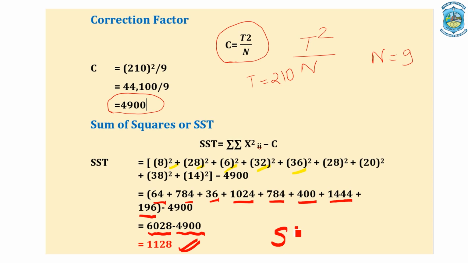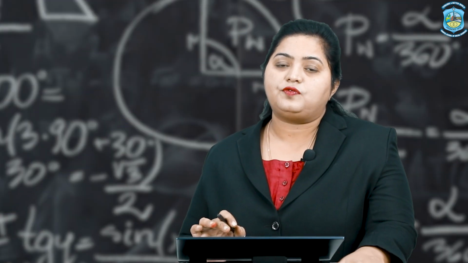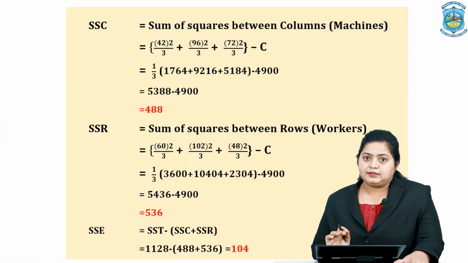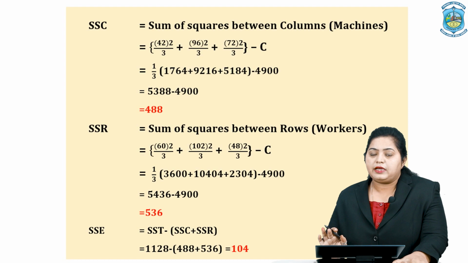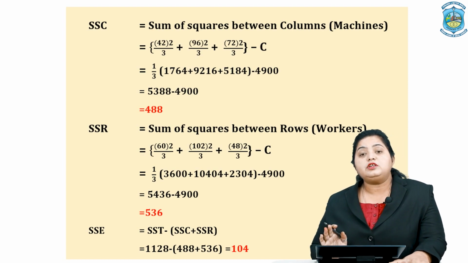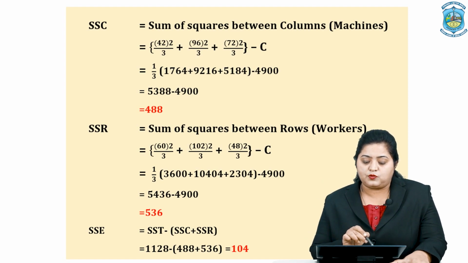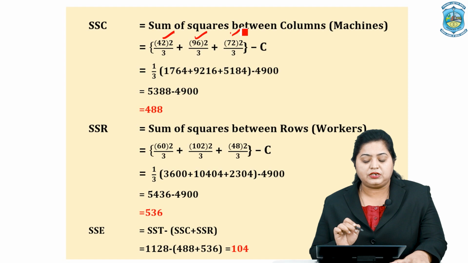So our SST is 1128. After SST, we have to find SSC, that is the sum of squares between the columns. For SSC, which is for machines, we have to square the totals of the columns. The machine totals, the vertical totals of the columns, are 42, 36 and 72.